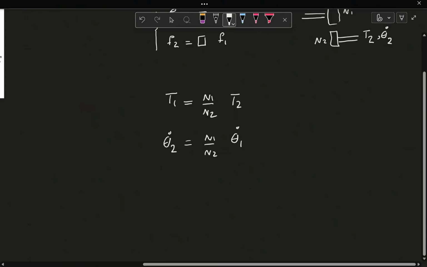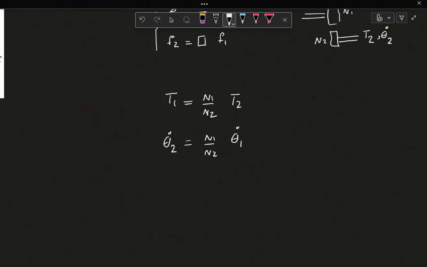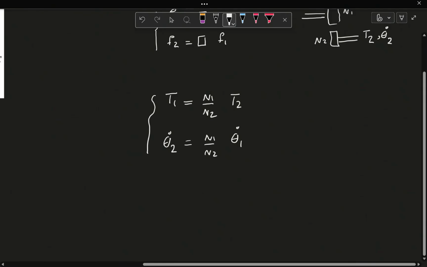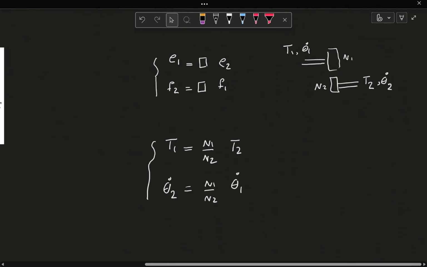And how did we get these equations? Well, we said that in transformers in general, there is one specific assumption: that they are power conservative, which means that the power that you provide to them is the exact power that you harvest from them.